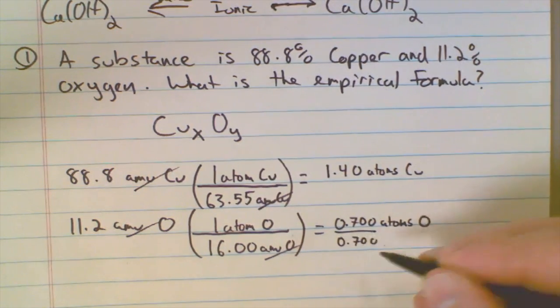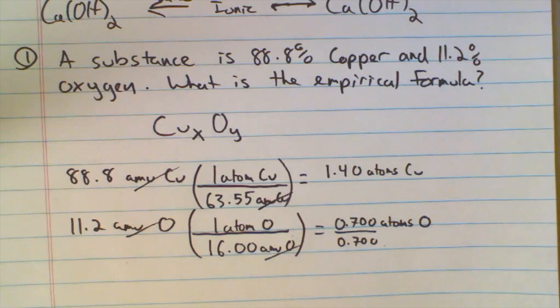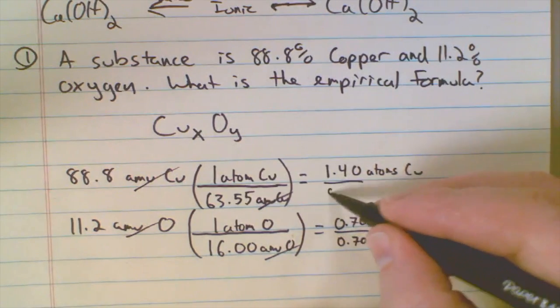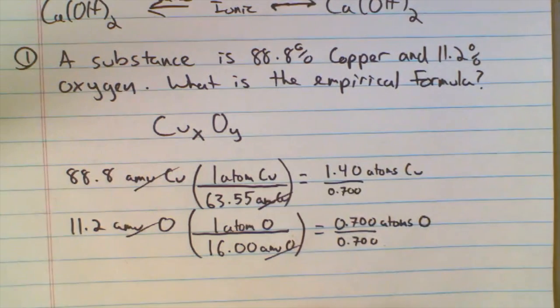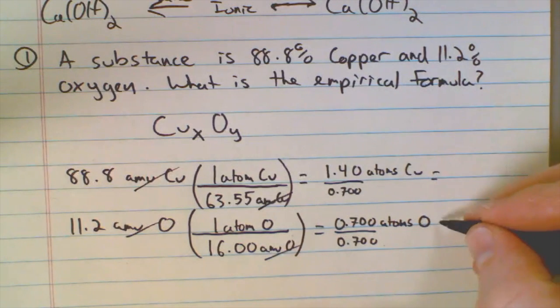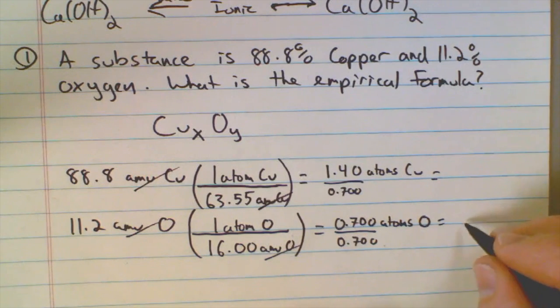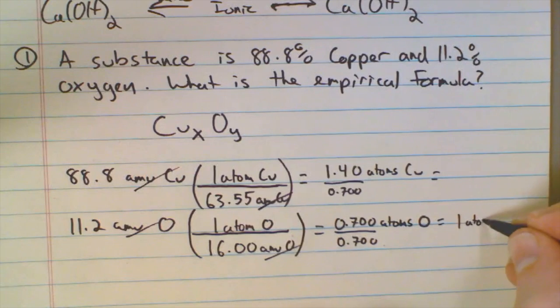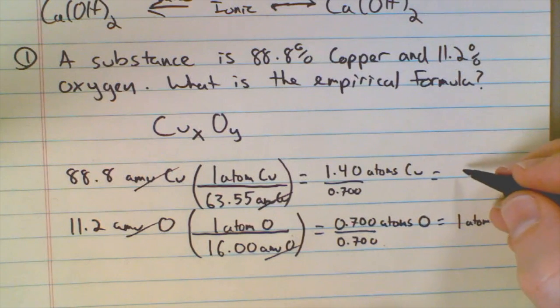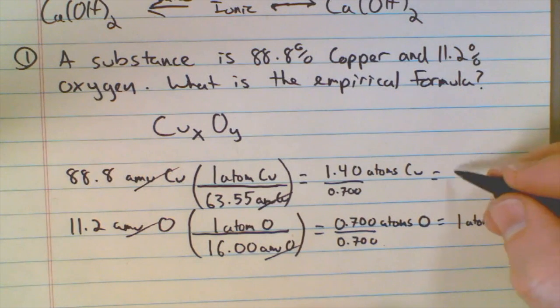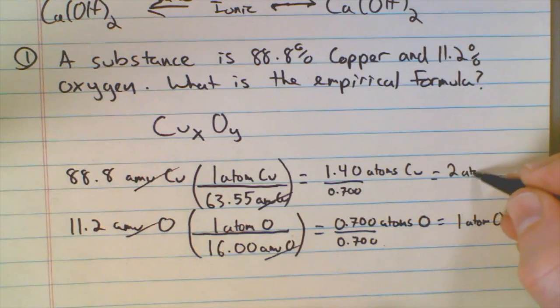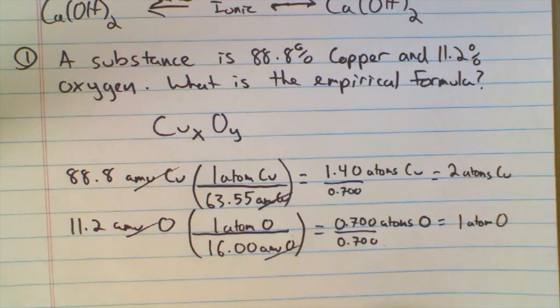So take 0.700 atoms of oxygen divided by 0.700. And since you do that to one, you have to do that to the other. So we have 1 atom oxygen and 2 atoms copper. You might even just see that and figure that out, right? Because it's basically 1.40 divided by 0.70.